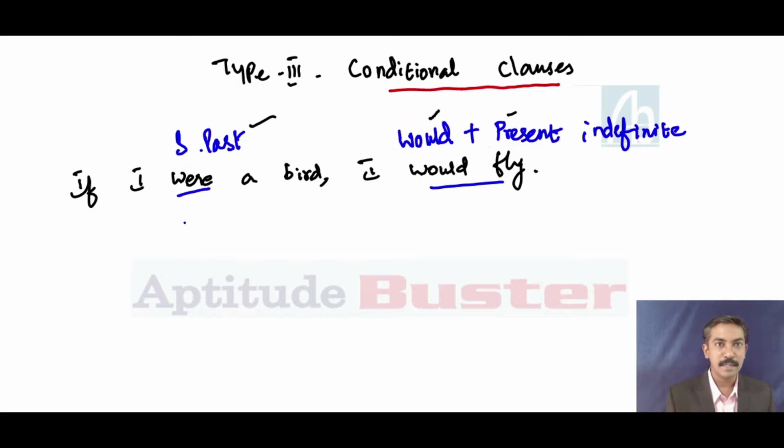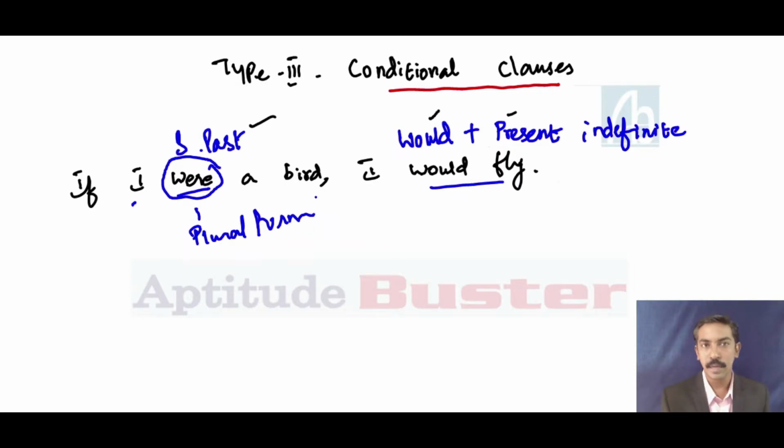We know error type 1 says when the subject is singular, the verb should be singular. But in this sentence, the subject is singular, I, but there is a violation. Here a plural form has been used. You have to note this idea in your mind. I will say why.